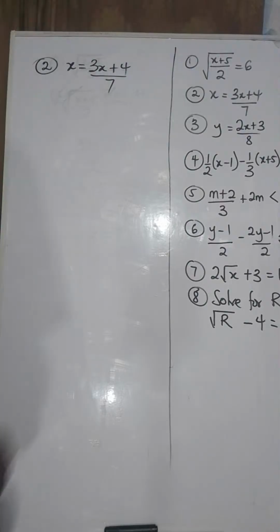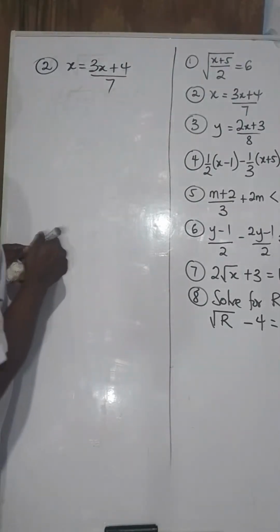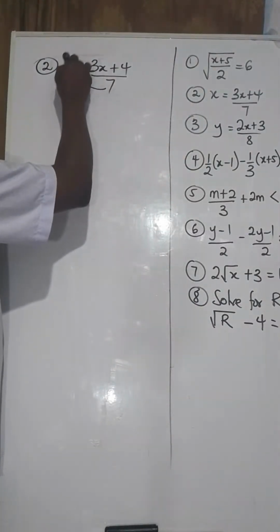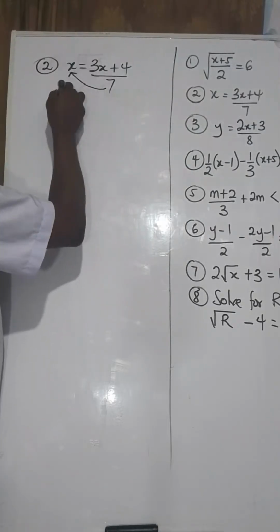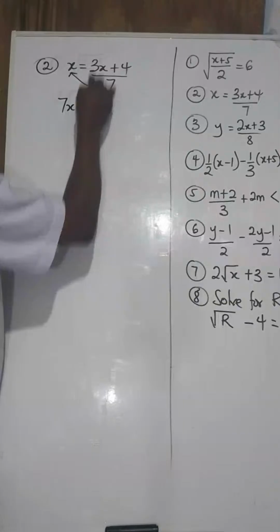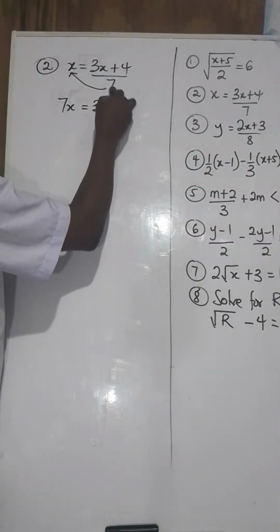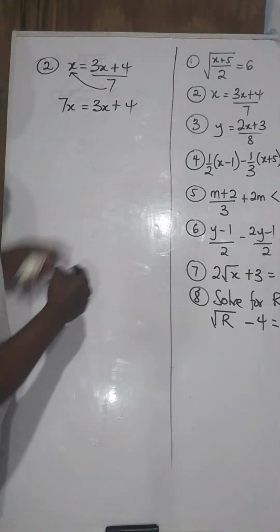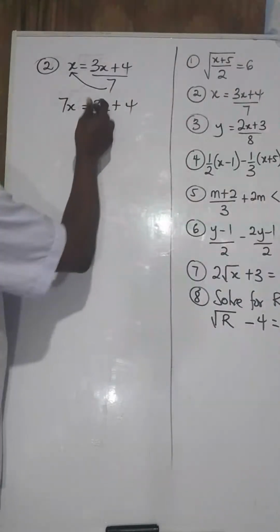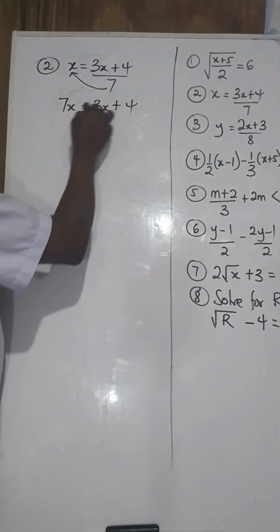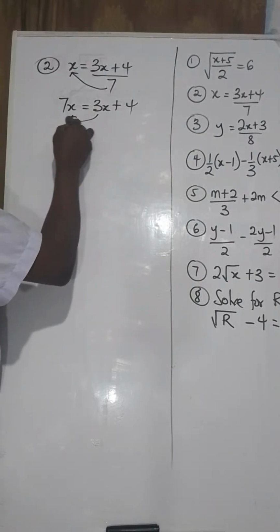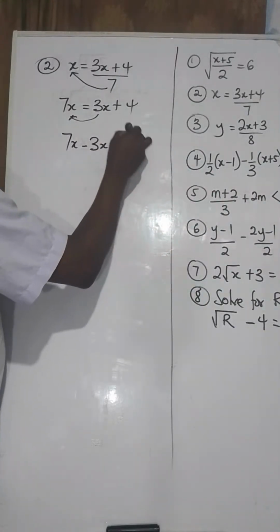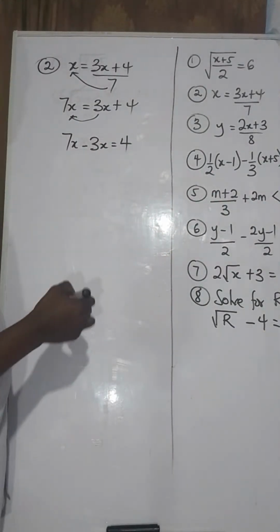Right, so let's solve it. With this, also we have the LCM to be 7. So 7 will multiply this. We have 7x = 3x + 4. With this, you have to transfer this one here, so you have 7x - 3x = 4.